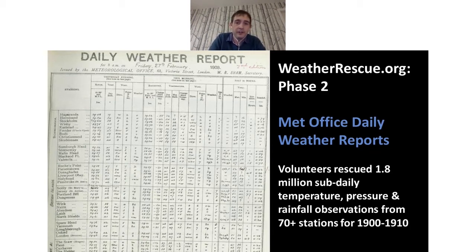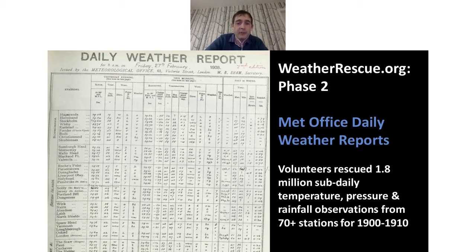And this is the scanned image of the Daily Weather Report from the day of the storm in 1903, with very low pressures. You can't see that on the image, but very low pressures were recorded in some parts of Scotland. So there's a lot of data here which we would like to turn into digital data that we can use.